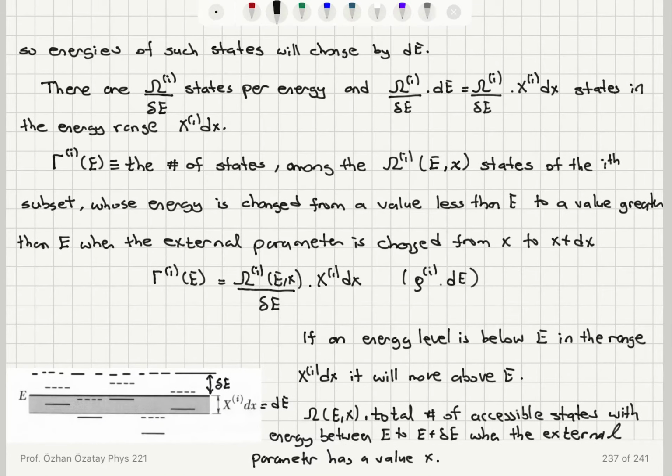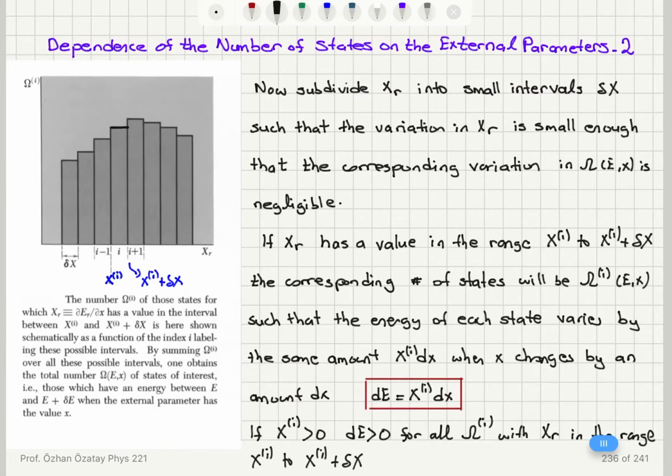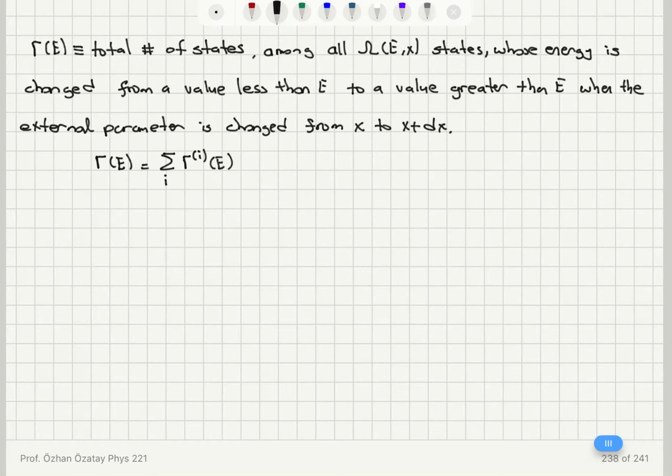This index I will go through all possible xr values, looking at the shifts in all the states.